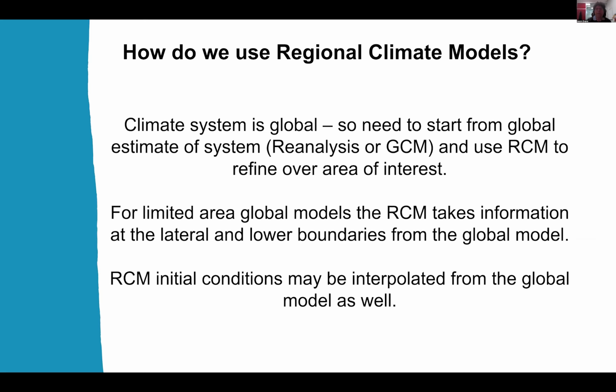So our limited area regional model takes information from the global models at the boundaries of the limited area that we're looking at with the regional model. We also start our regional model at some point in time, so we need initial conditions, and that frequently would come from the global model as well.